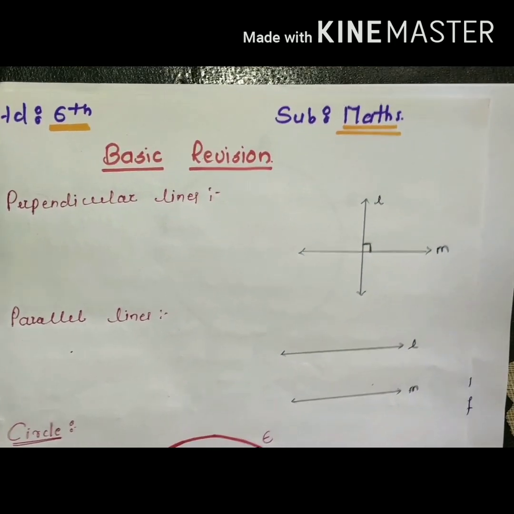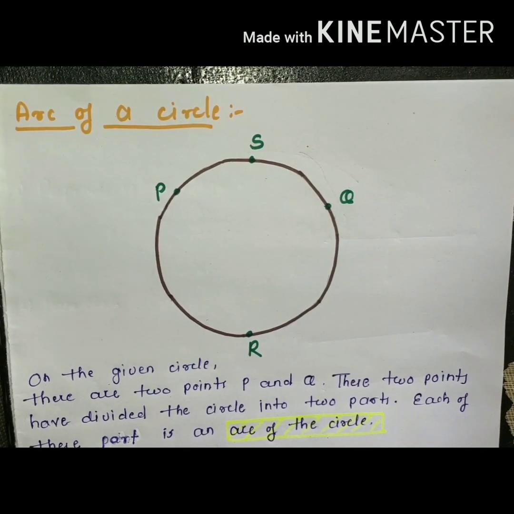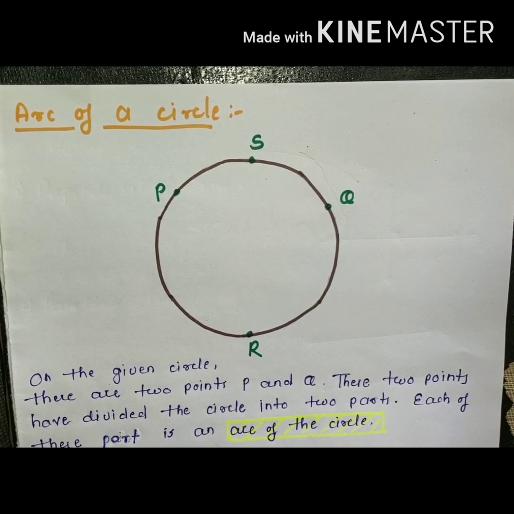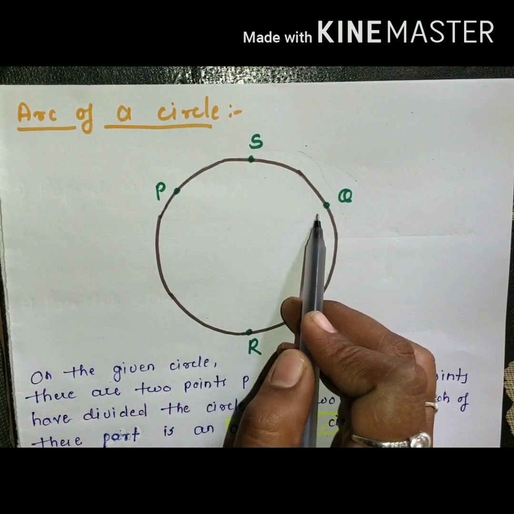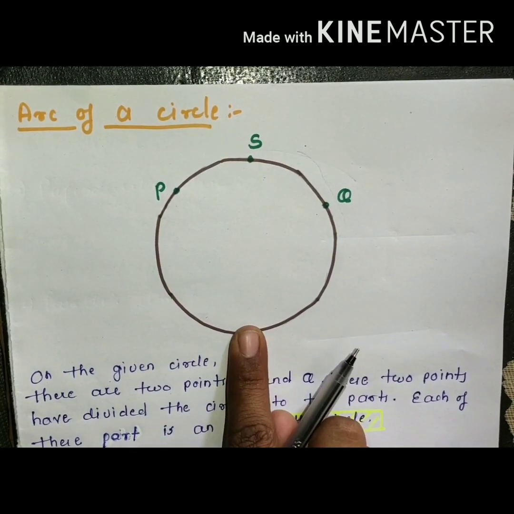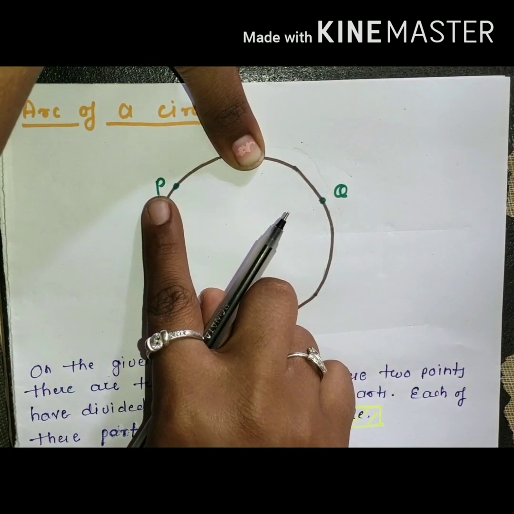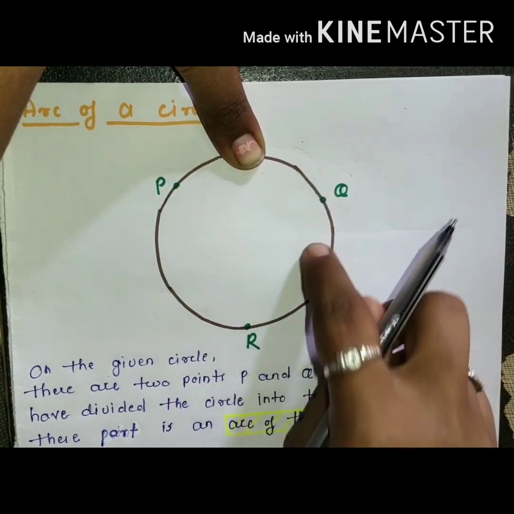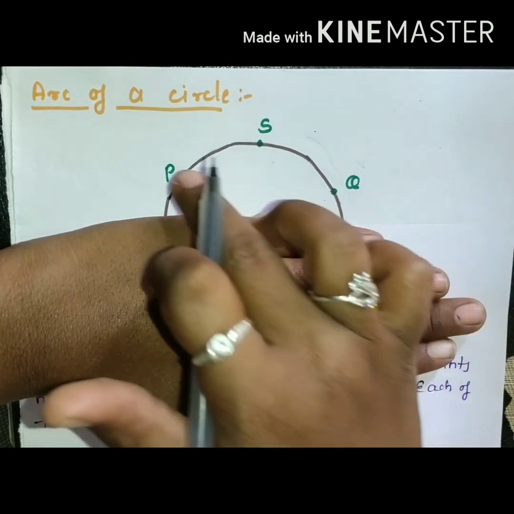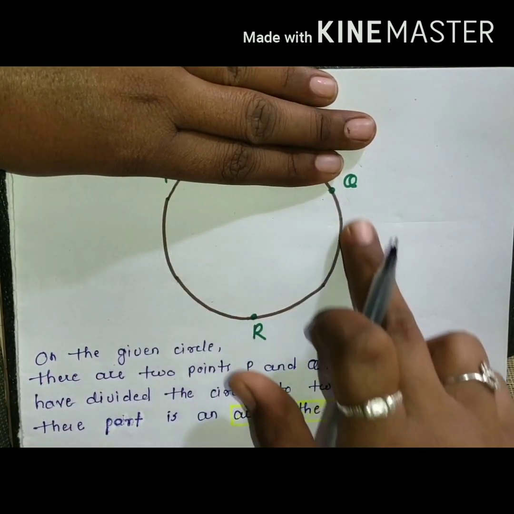Now next is the arc of the circle. You can see a circle, yes or no? On that circle you can observe 2 points, point P and Q. Due to the points P and Q, the circle gets divided into 2 parts. This is the first part and this is the second part.